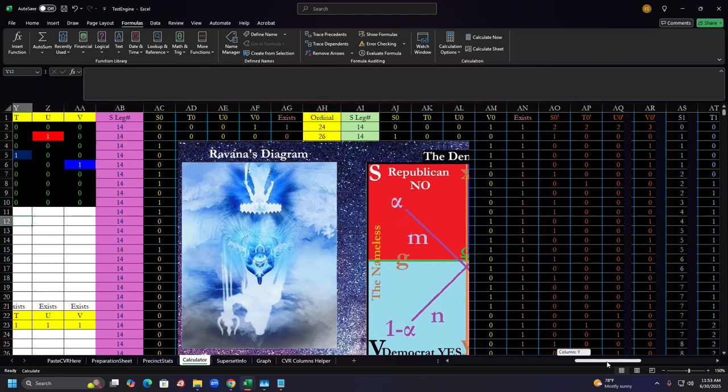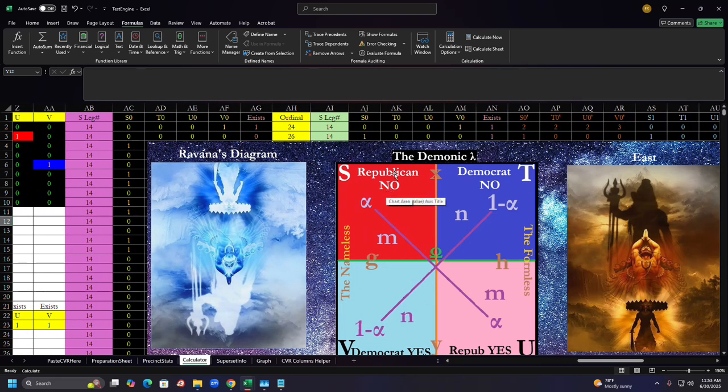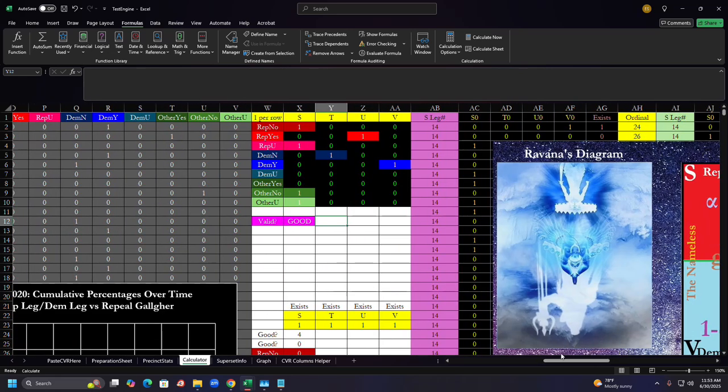And that all now goes into S. So it's Republican no, but it also includes Republican undervote on the proposition, third party no, and third party undervote. Then for Democrat no, maybe we add Democrat undervote. Okay?